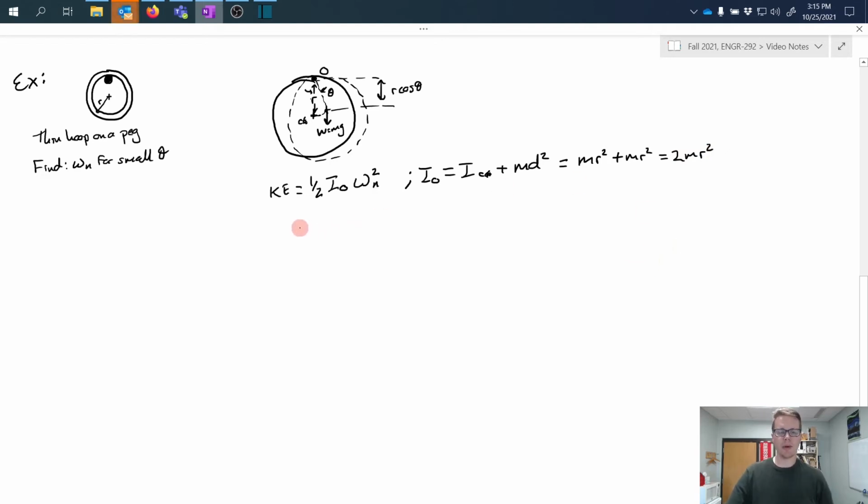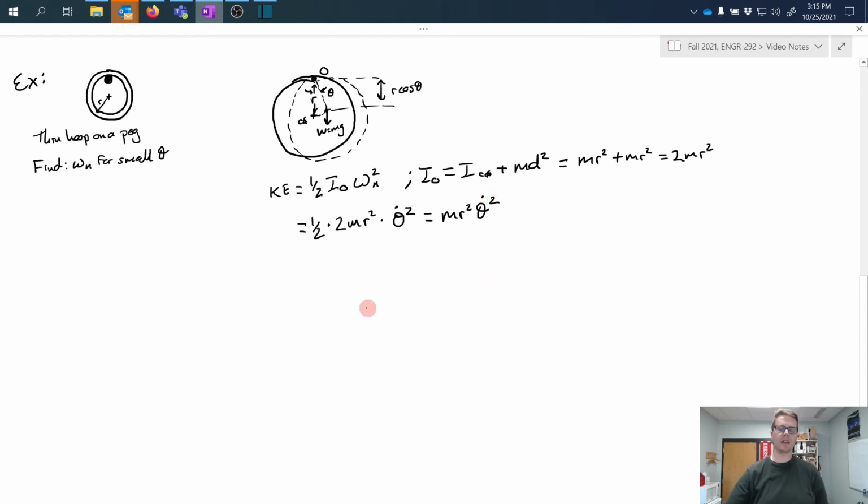So coming back to my kinetic energy calculation, I would say this is equal to 1/2 times 2mr squared times theta dot squared. So I'm substituting in theta dot here for omega, and the 1/2 and the 2 cancel, so I get mr squared theta dot squared.